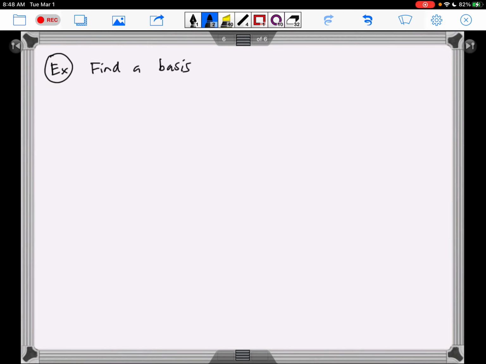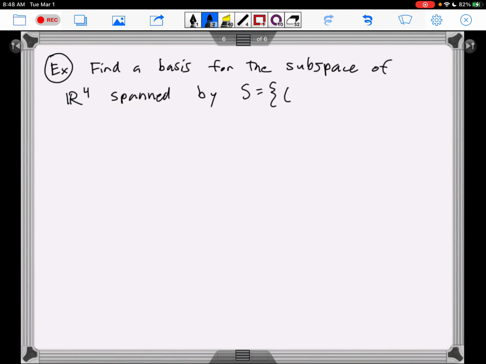Find a basis for the subspace of R4 spanned by the following vectors: 1, 2, 3, 4, 4, 5, 6, 7, and 7, 8, 9, 10.